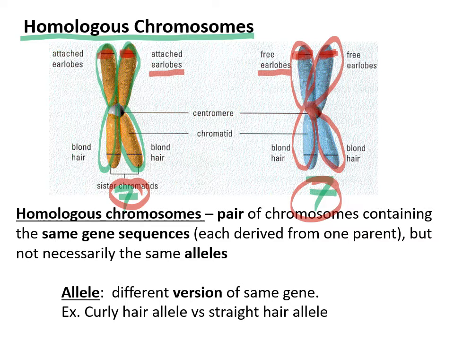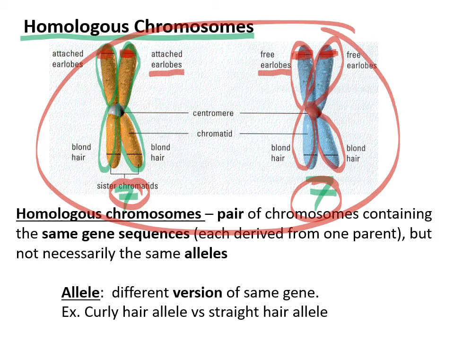So we have a pair of chromosomes, and each chromosome consists of 2 chromatids. The chromatids are exact duplicates of each other. But because you have 2 chromosomes, one that you got from your mother and one you got from your father, essentially, once the chromosomes are duplicated, you have 4 copies of every single gene.